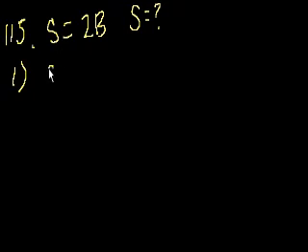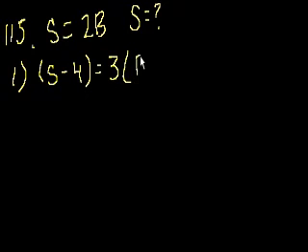S is Sarah's age today, so S minus 4 was exactly 3 times Bill's age then, so B minus 4. Sarah's age 4 years ago was 3 times Bill's age 4 years ago. Fair enough. So just with this and this, can I solve for S?